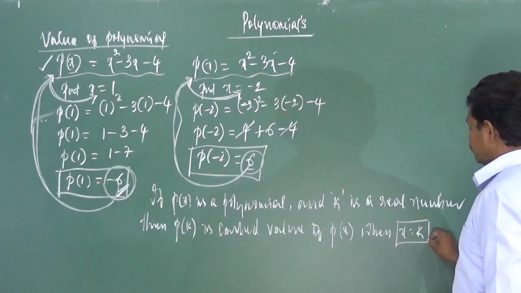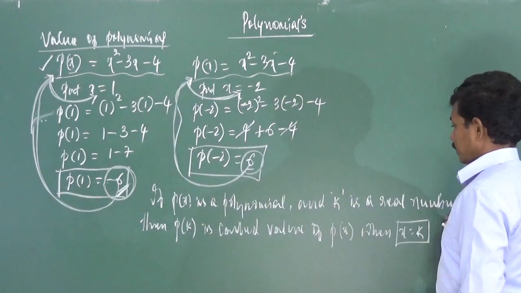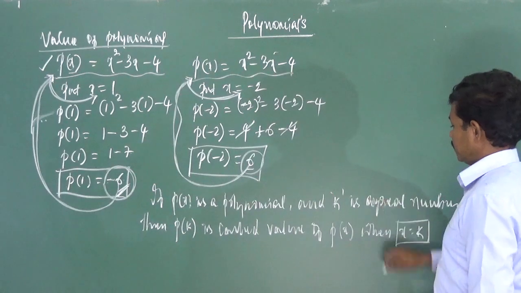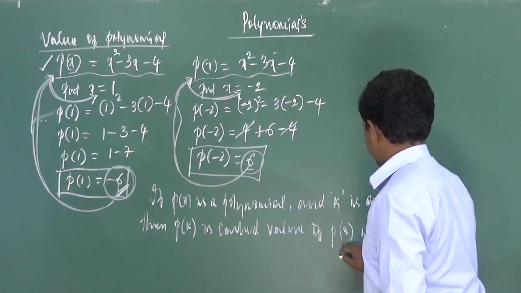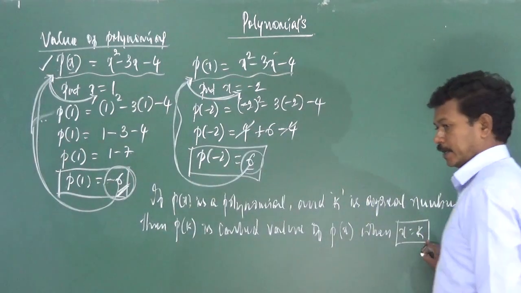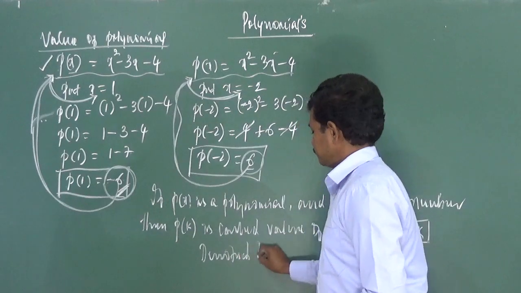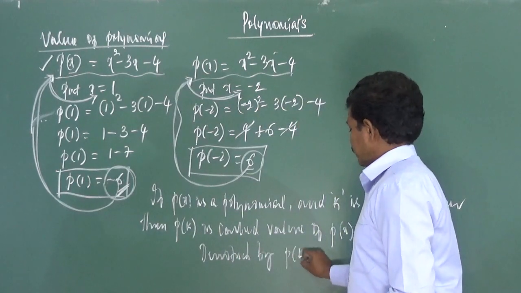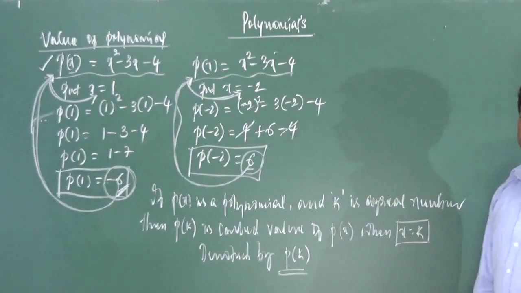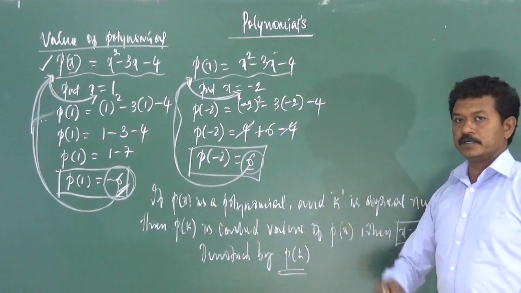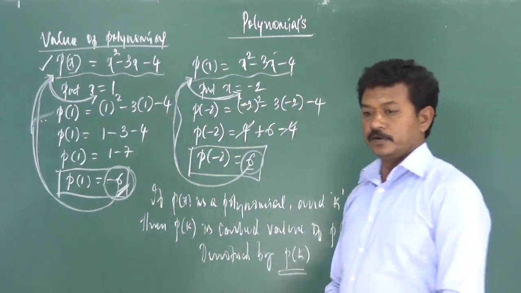So this is how you have to understand this. If p of x is a polynomial and k is any real number you can take, then p of k is called the value of p of x when x is equal to k, which is denoted by p of k. So this is the definition for the value of a polynomial. So it's very important. Now let us go with the zero of the polynomial.